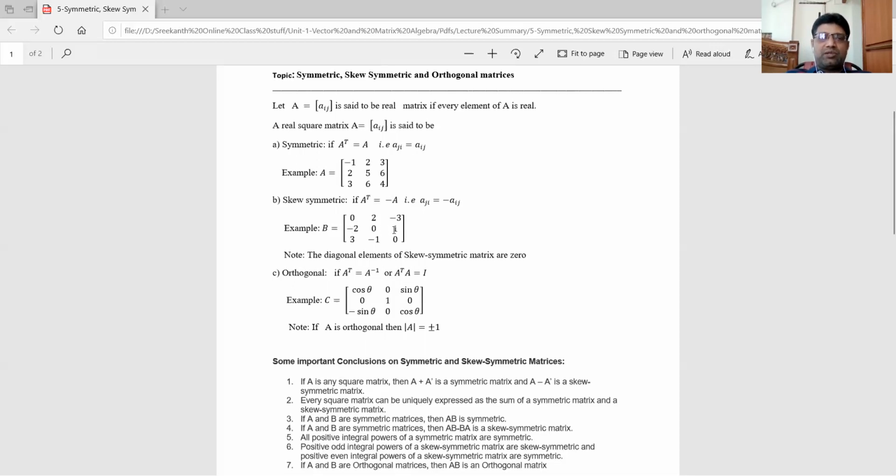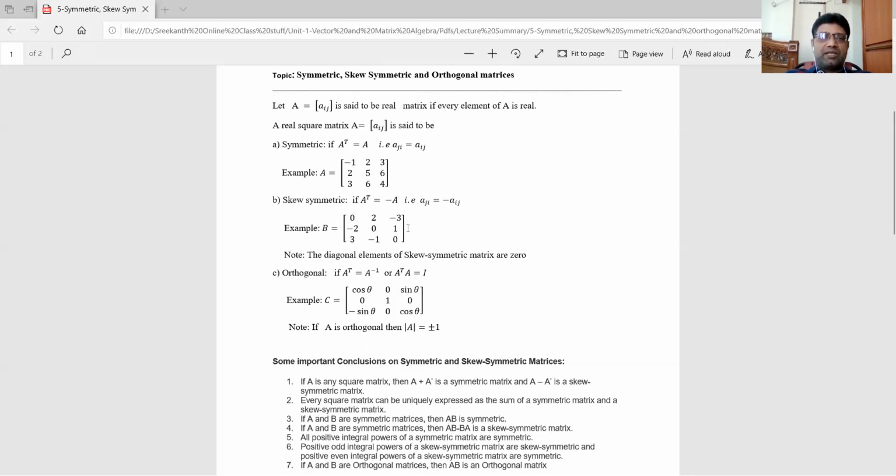Similarly, -2, 0, 1 as a column comes as 2, 0, -1 because we multiplied with -1. Similarly, the third row we made the third column by multiplying with a minus sign. So whenever it is like this, we say that it is a skew symmetric matrix. The example is this one.